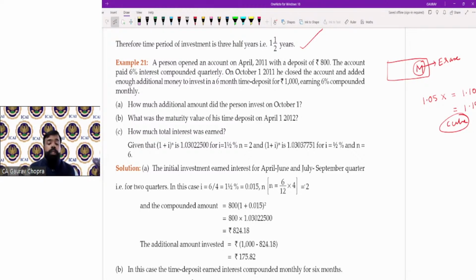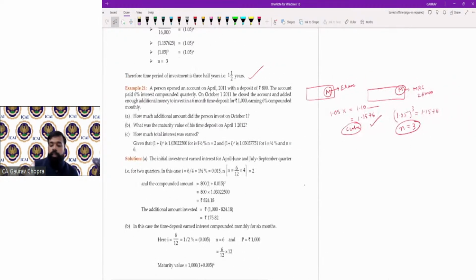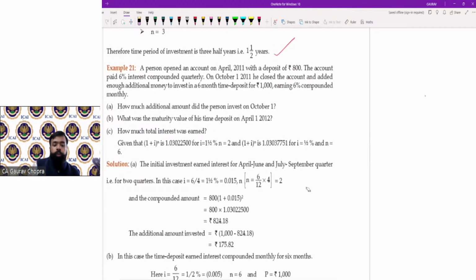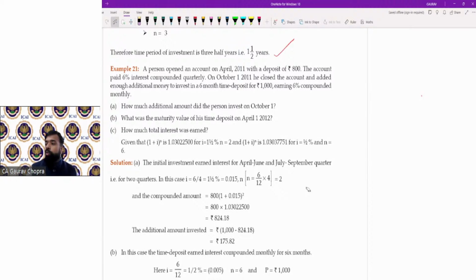Okay, so a person opened an account in April 2011 with a deposit of rupees 800. Let us note down all the given figures first. The situation is saying a person opened an account. So let us assume Vani is here.